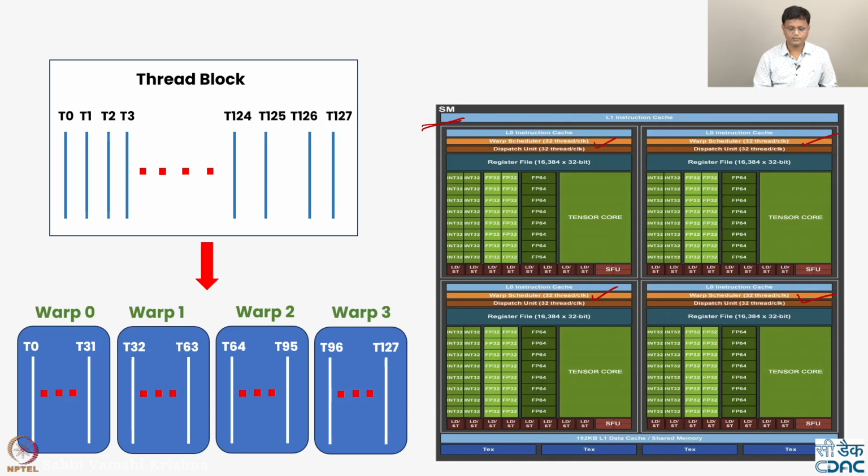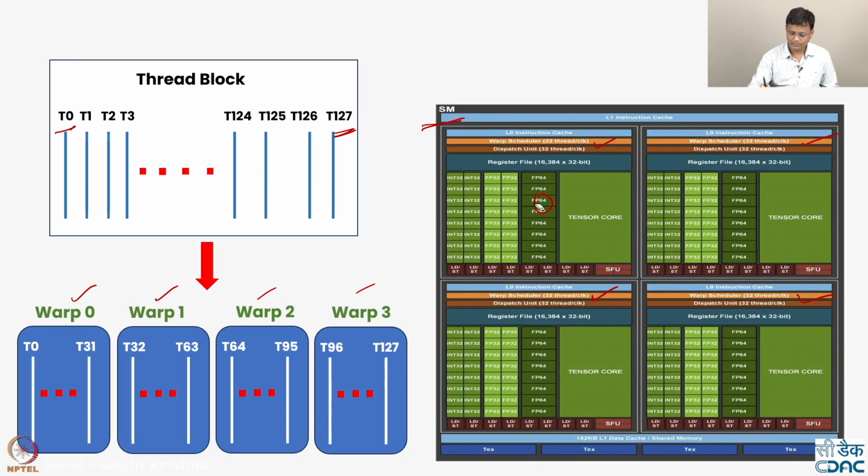I launched the third block, which has 128 threads. You can see threads T0 to T127 in each block. If I launch the third block of size 128, then these 128 threads will be divided into 4 warps, and all 4 warps will be mapped.